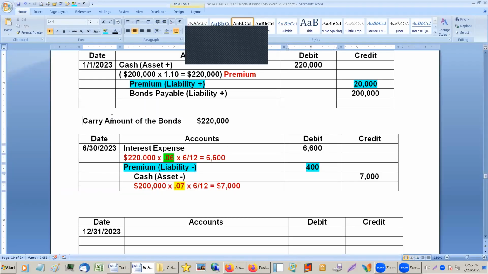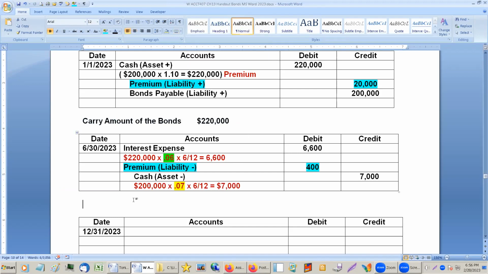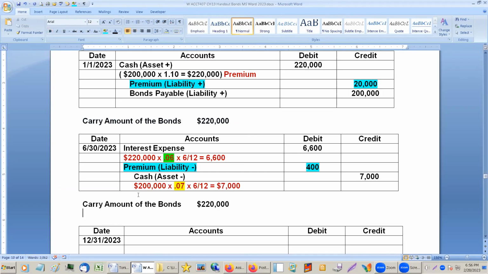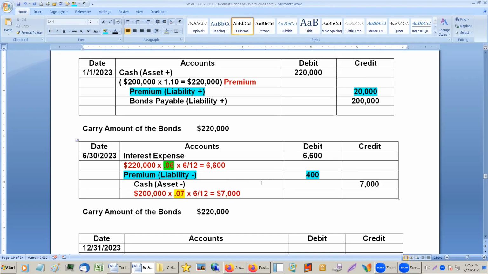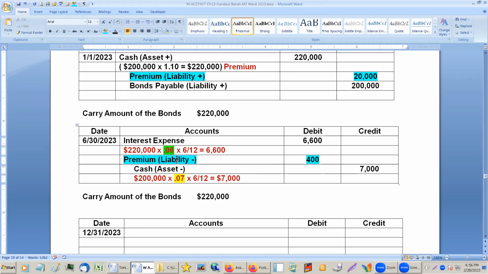Okay, now you say, how could this get any worse? Oh, wait, it will. The carry amount of the bonds is going to change. Because this is a minus, if it's a premium, it's going to be minus from the carry amount.